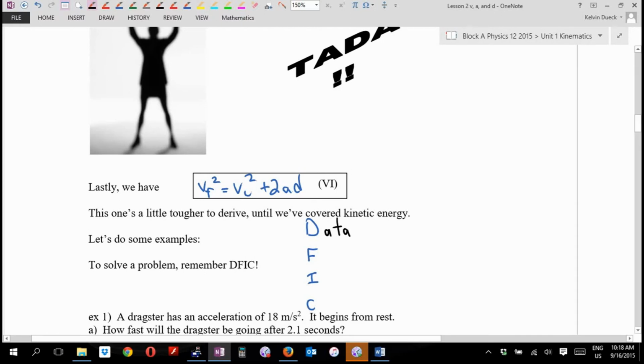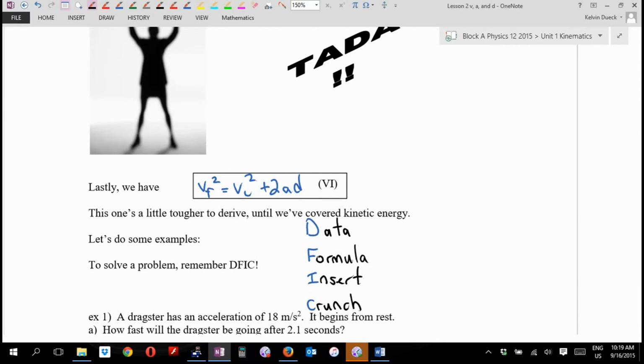And I don't know why, but teenage brains, I've stopped trying to figure them out. The F stands for find a formula that has the things in your data in it. The N stands for insert the numbers, the data. And then the C stands for crunch or calculate the answers. I usually say crunch the answer out because it's less writing. So when in doubt, DFIC.